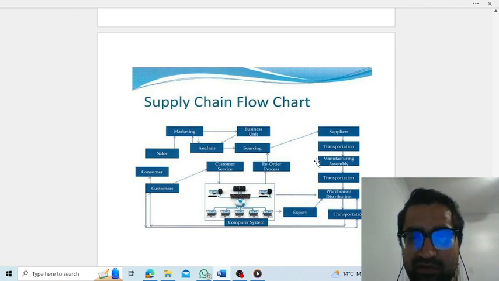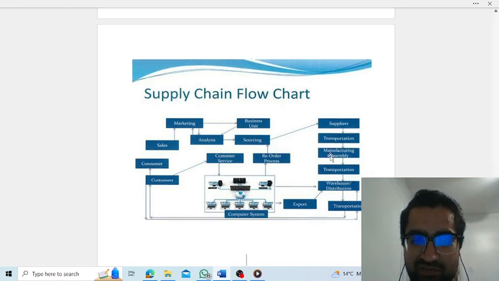So you won't get the food. This whole supply chain should be resilient, stable, properly analyzed and accurate. If anything breaks in between, the customer faces the issue. If the customer faces the issue, the company faces the issue. So this is the whole process, the supply chain, the product flow and the information flow.